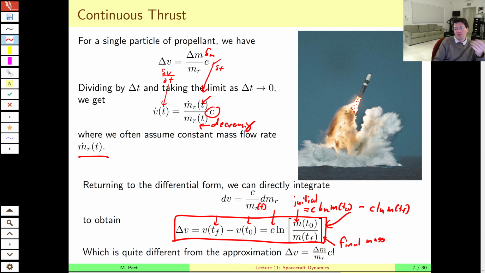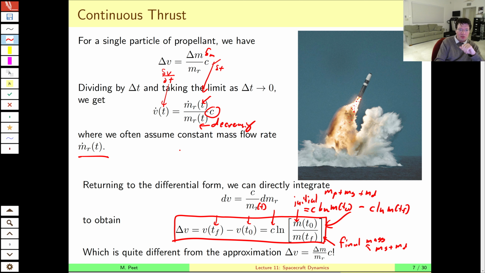That's why we talked quite a bit about these masses in the previous slide, because this initial mass is the wet weight. It's the mass of the propellant plus the mass of the structure plus the mass of the payload. And I think we occasionally used MD for that. Whereas the final mass is the mass after you've used up all your propellant, so it's just the mass of the structure plus the mass of the payload.